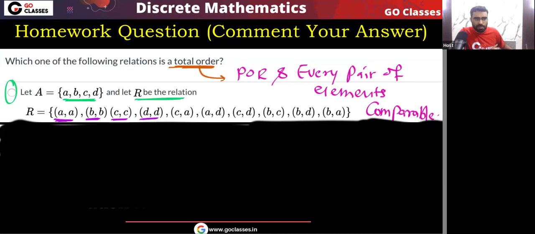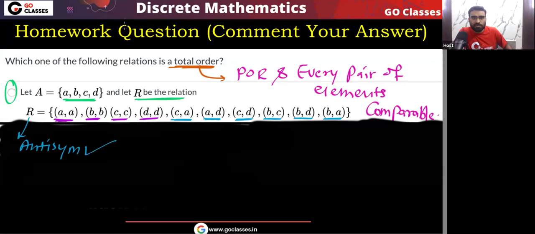Do we have C related to A? Do we have A related to C? No. A related to D. Do you have D related to A? No. C related to D. Do we have D related to C? No. B related to C. Do we have C related to B? No. B related to D. Do we have D related to B? No. So again, you can easily see this is antisymmetric also.